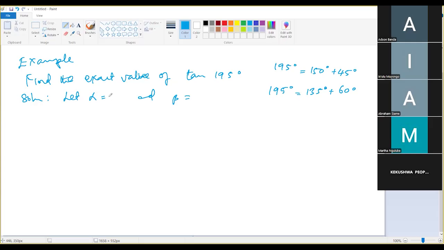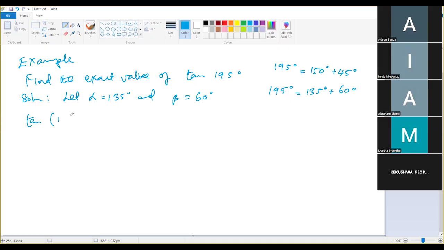It gives a standard angle of 60 degrees. Right, so you can use either of the two. Let me choose to use the following because of time. So in this case, we'll have alpha as 135 and beta as 60 degrees. Then what is the tangent of 195?